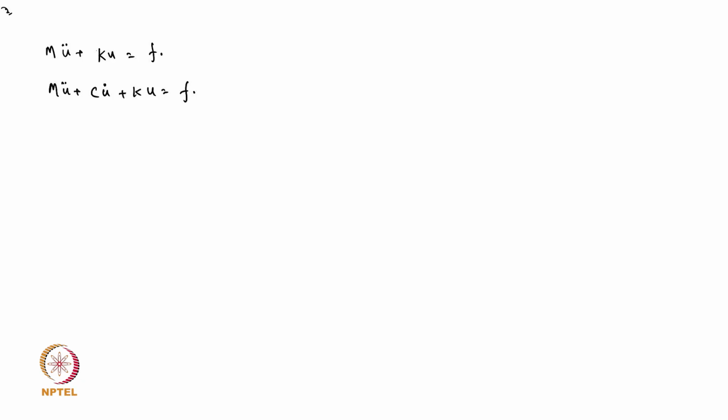We will come into that at a later stage, because first we have to understand the basic things. Then we will see how to estimate the damping matrix and what the different types of damping are. For now, let's take this equation and assume that C is known to us.